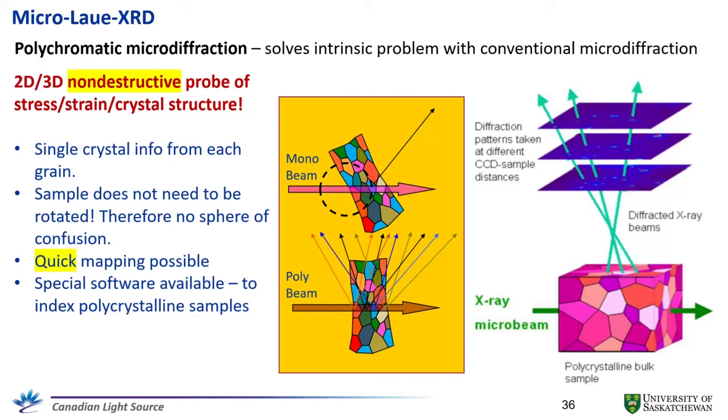We can use a synchrotron, with so-called micro Laue XRD, to measure each individual grain without destroying the sample.